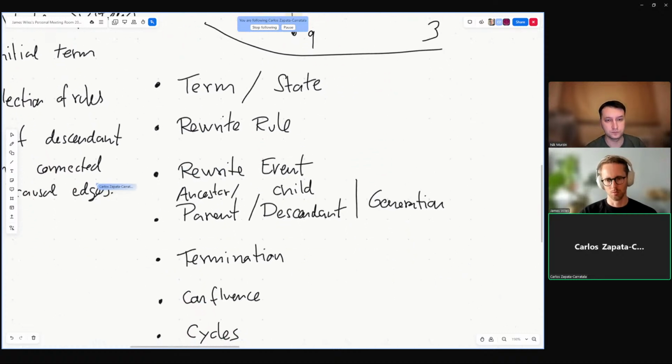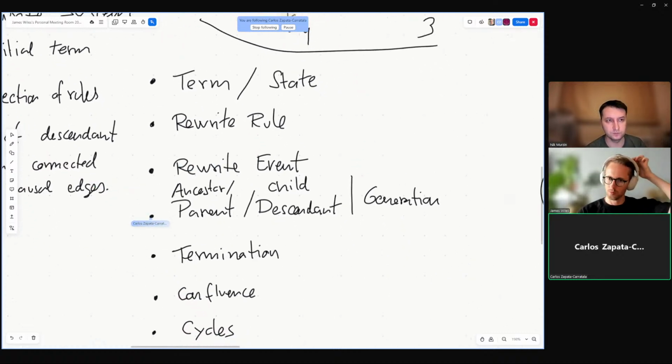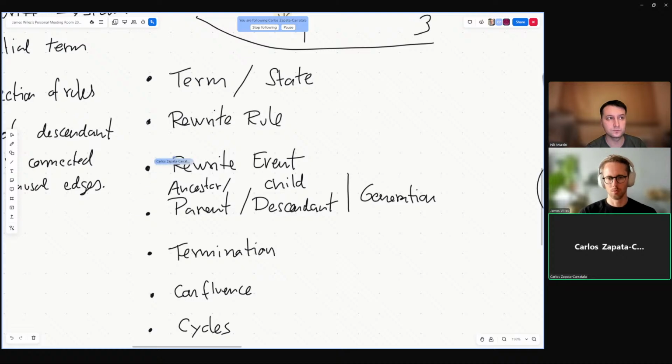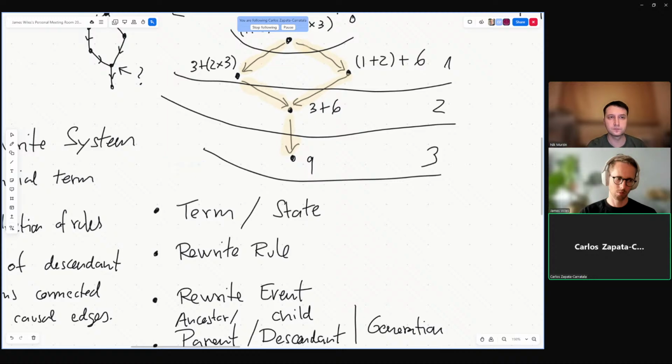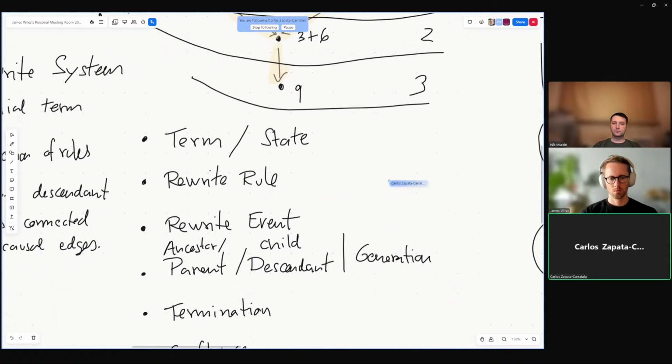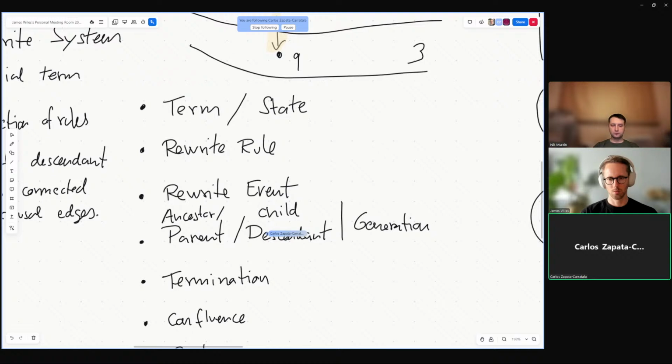All right. The other very important notion is termination. Because we are dealing with directed graphs and with systems that have element, process, new element, process, new element, and because the process is based on a pattern matching mechanism, it might well be the case that some states just don't have any pattern matching. Maybe another concept here is inert.